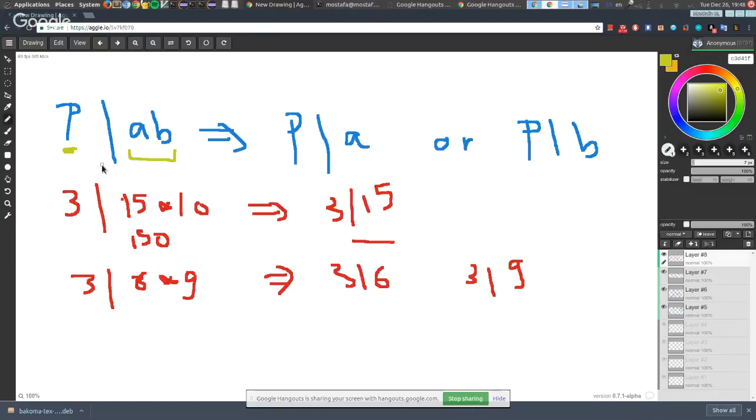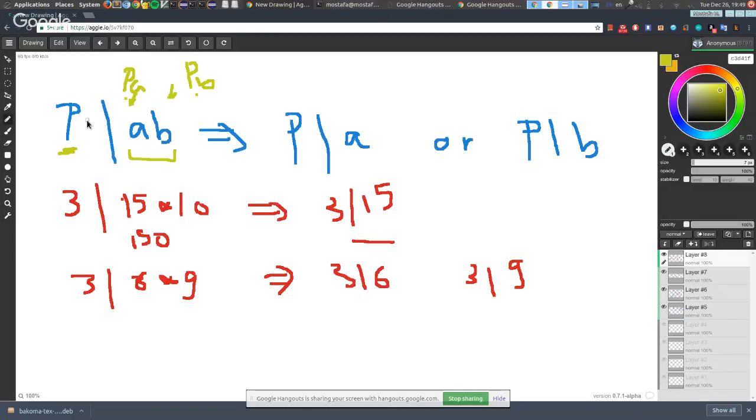We can't have the case where we have two different parts such that one part divides one number and the other part divides the other number.